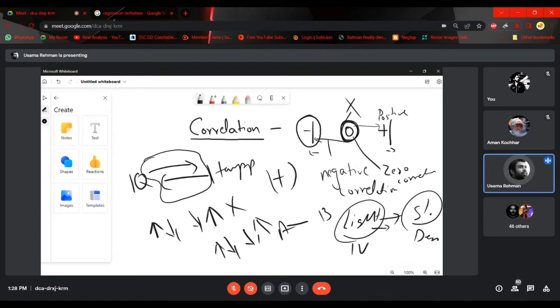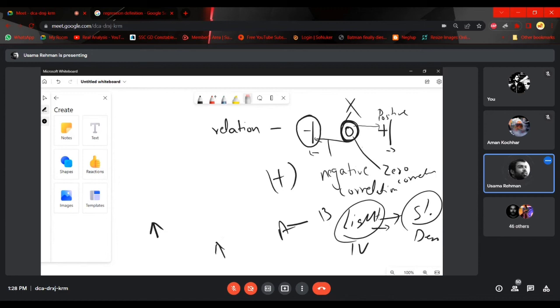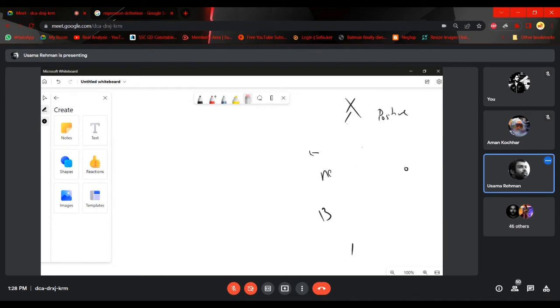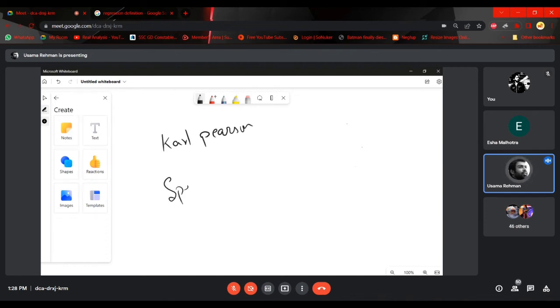So हमारे पास इग्नू के हिसाब से दो मेथड्स हैं समझने के लिए. One is called Karl Pearson. Another one is called Spearman rank. ठीक है? This method is parametric.